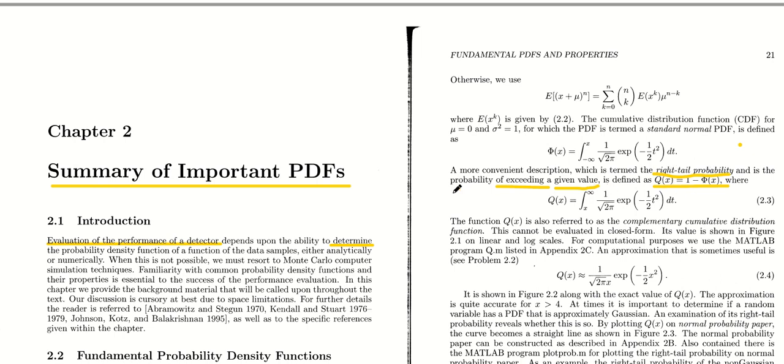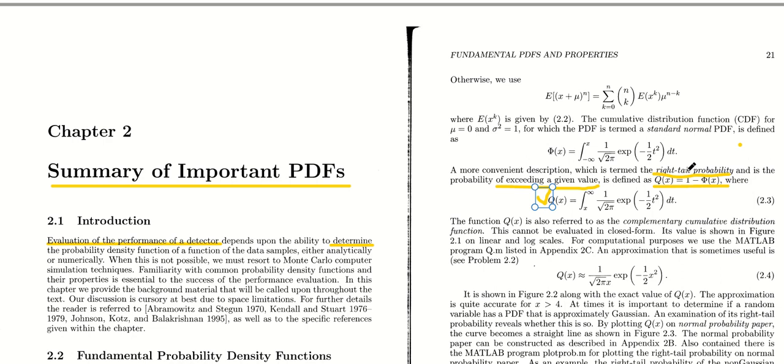Right tail probability, the probability of exceeding a given value, is defined as Q of x equal to 1 minus phi of x. And phi of x is the CDF, right? But the right tail probability is called the Q function. It's 1 minus phi x. So that's the right tail part of the probability.